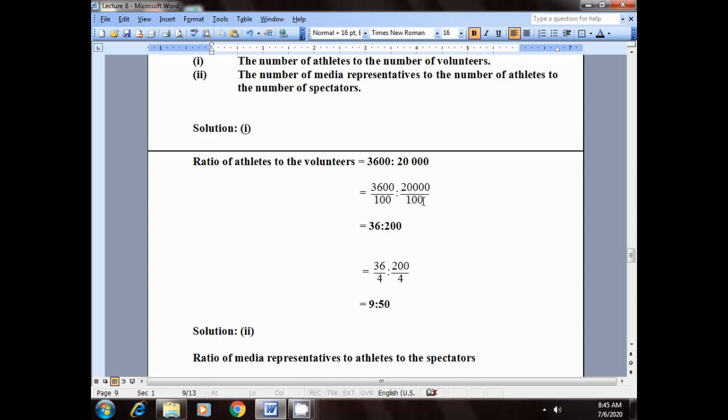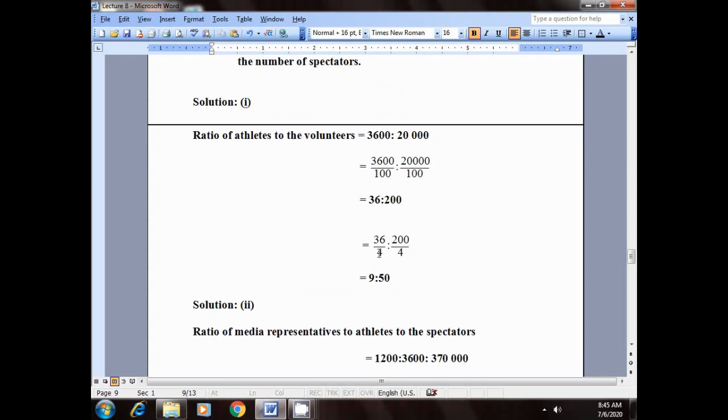Further, let's divide these two quantities by 4, because these two quantities are divisible by 4. Both 36 and 200 are multiples of 4. So here we have the first quantity 36 divided by 4 and the second quantity 200 divided by 4.